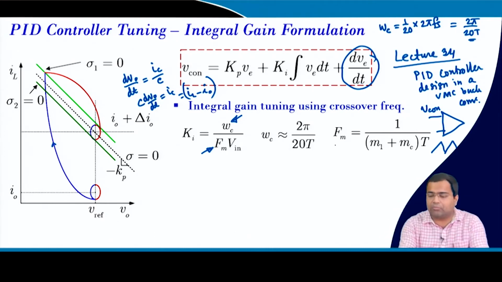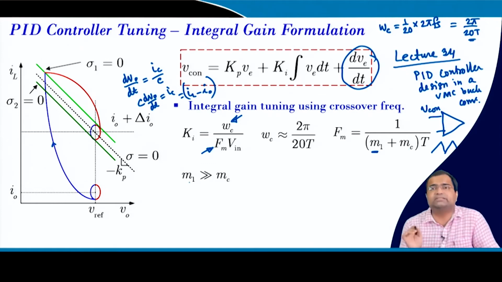So, our modulator gain will be 1 by the M1 slope, that is the rising slope, plus the compensating slope into T. But since M1 we are taking a very small slope, and I will show in our simulation case study, the M1 is very large.